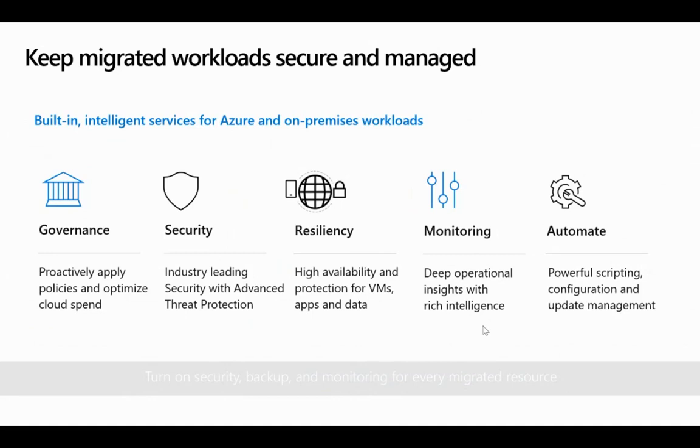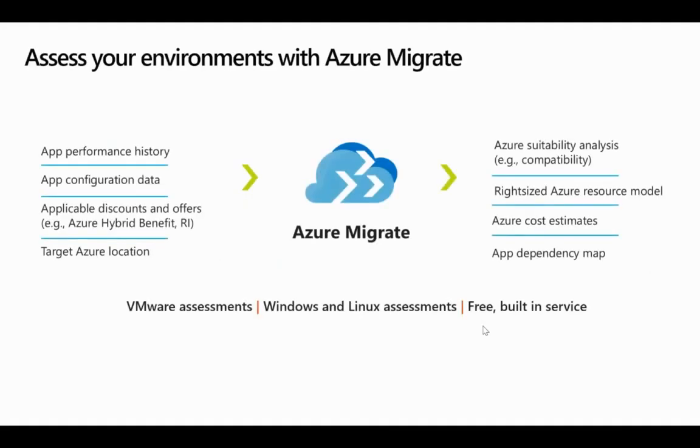Monitoring is there, as I mentioned about Advisor and the inbuilt management tools that help you optimize the cloud and move the workload in the right way with the best practice method. You have your assessment for your VMware, and you have your assessment for your Windows-based solution.